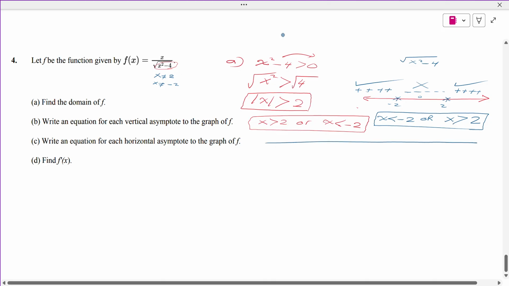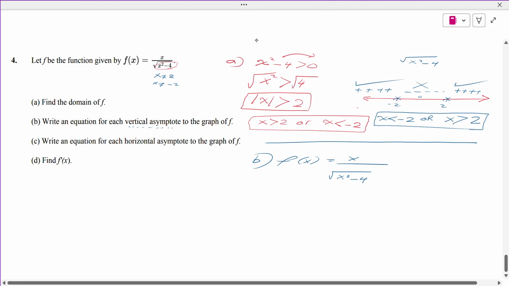Now the second part: write an equation for each vertical asymptote to the graph of f. For part B we already did it actually, but let's do it again here. f of x equals x over square root of x squared minus 4. The vertical asymptotes are the x values that make the denominator 0.